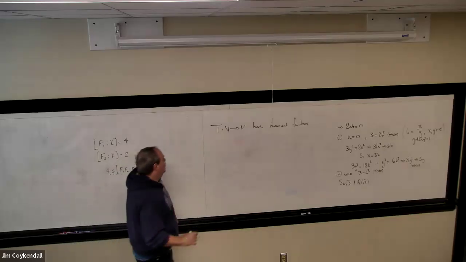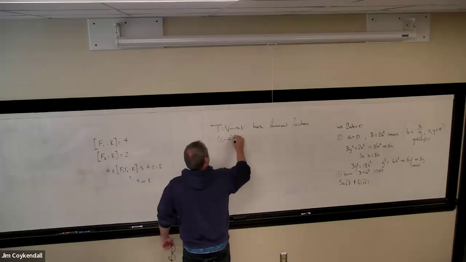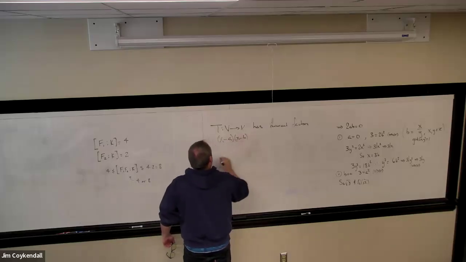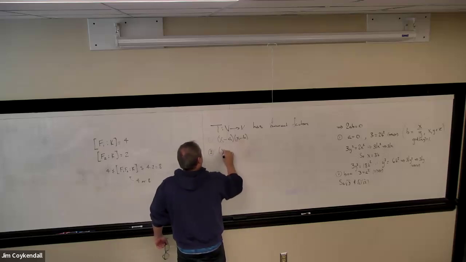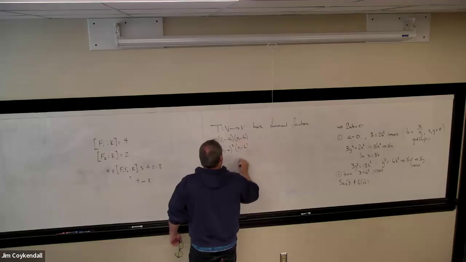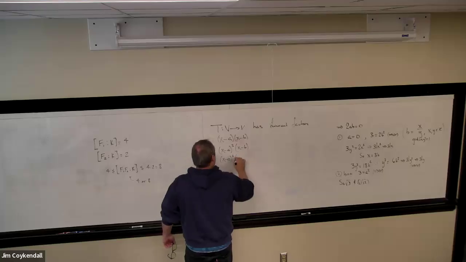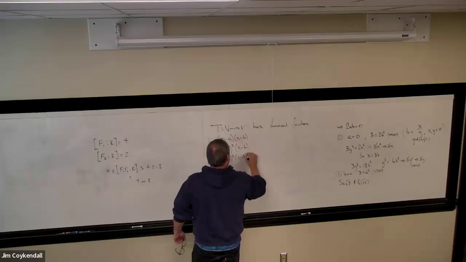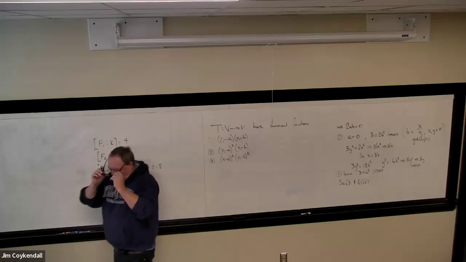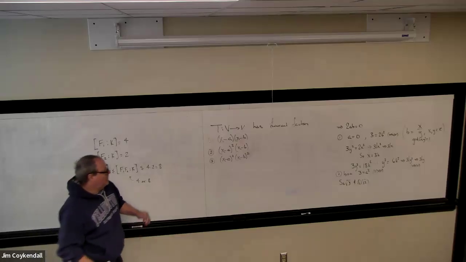Okay. 1: x minus a, x minus b. 2: x minus a squared, x minus b. And number 3: x minus a squared, x minus b squared, where a and b are distinct. Yes. Okay, so.